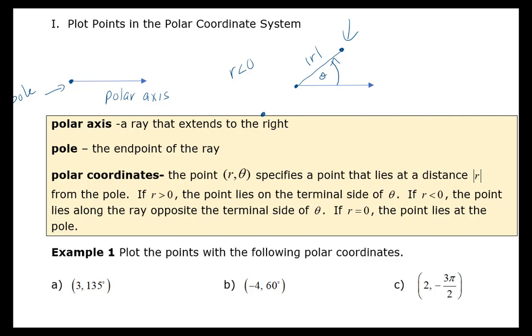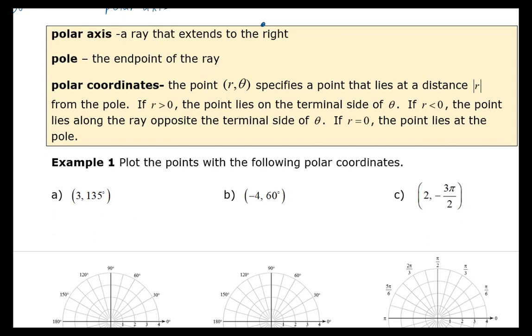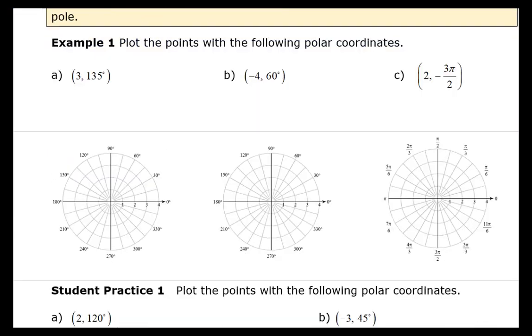So let's look at some examples. We want to plot these 3 points. In a polar coordinate system, we need r, and we know that the absolute value of r is the distance away from the pole. And 135 is the angle for the terminal side that the point lies on.